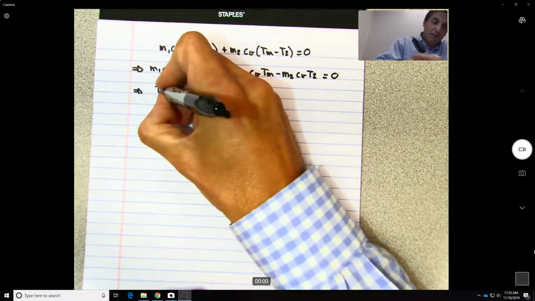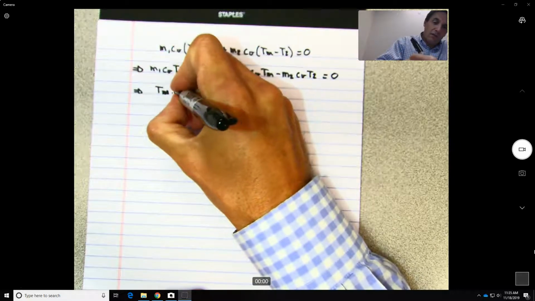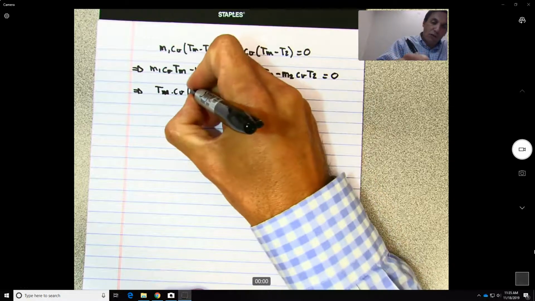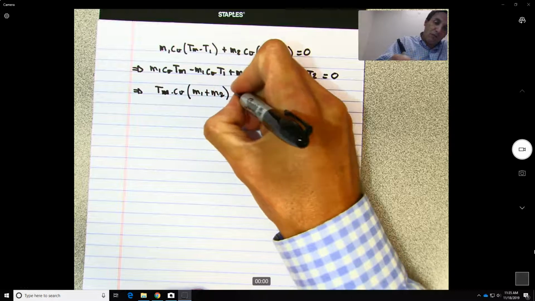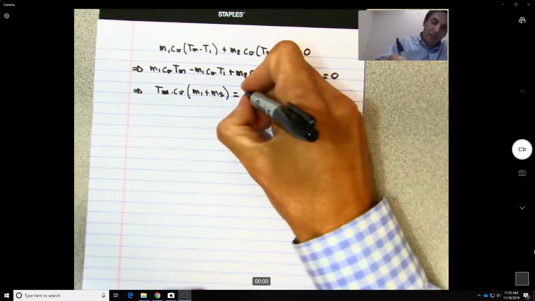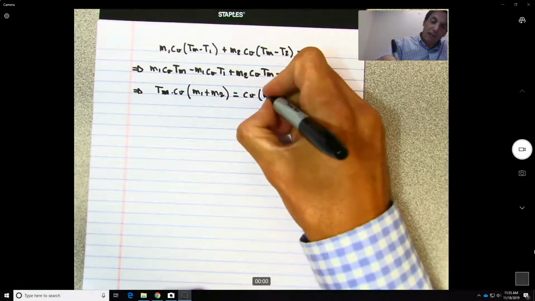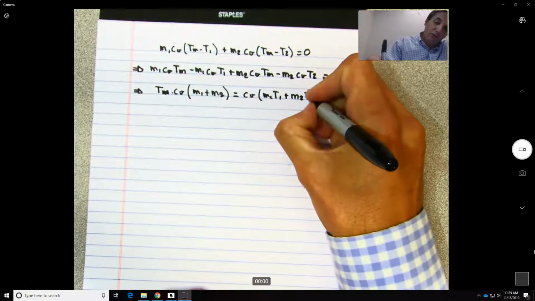So this is going to give us that T mix times Cv times (M1 plus M2) will be equal to Cv times (M1 T1 plus M2 T2).